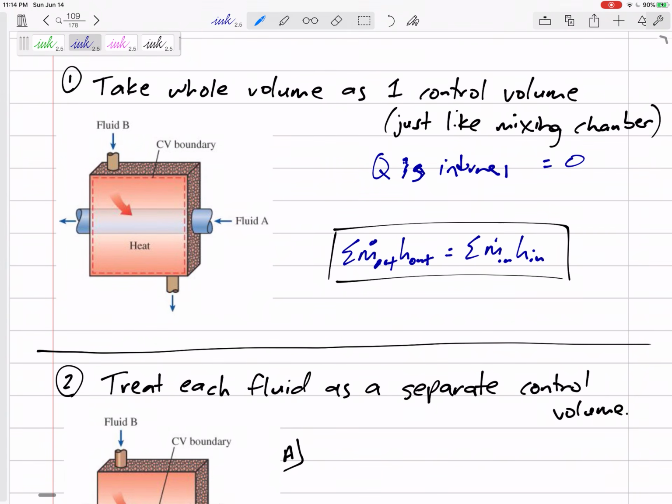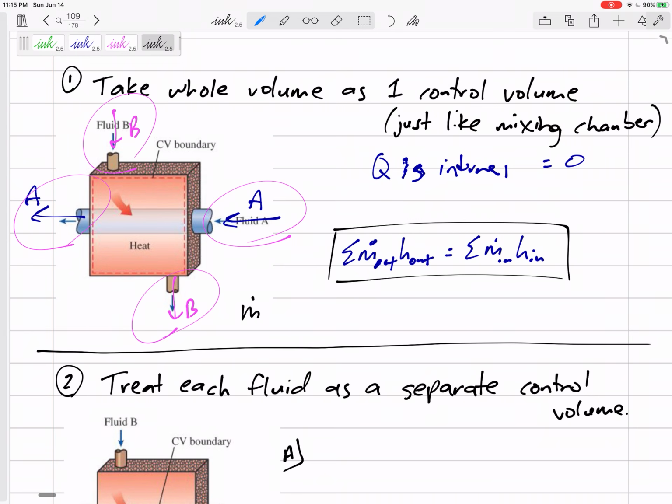So for instance, let's say for a heat exchanger, we've got a fluid A that's coming in and A is going out. B is coming in and B is going out. So it's like we have two inlets and two outlets. So we might have m dot A, HA out, m dot B, HB out, equals m dot A, HA in, m dot B, HB in.